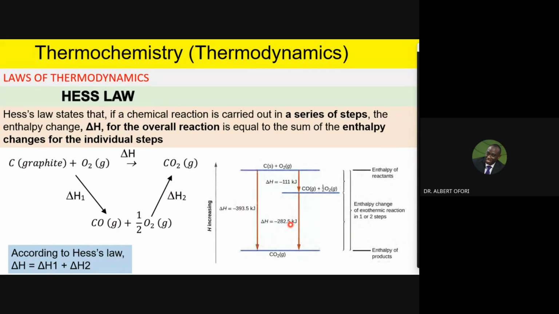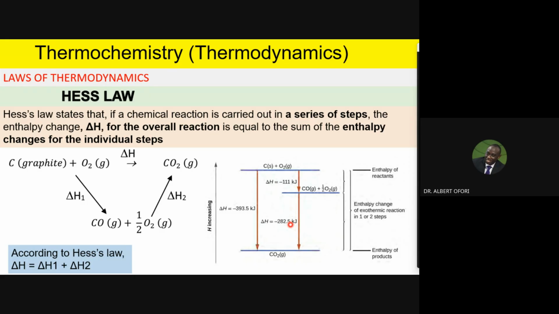So for example, I'm showing you graphite to carbon dioxide. We can burn graphite, then we produce carbon dioxide. Equally, we can do what we call incomplete combustion. We can also have carbon monoxide react with oxygen and produce carbon dioxide.